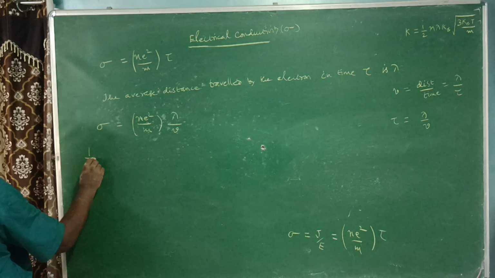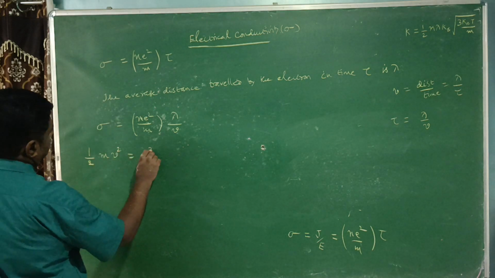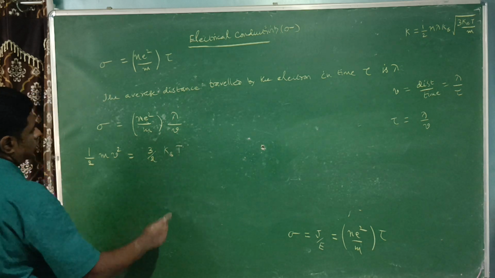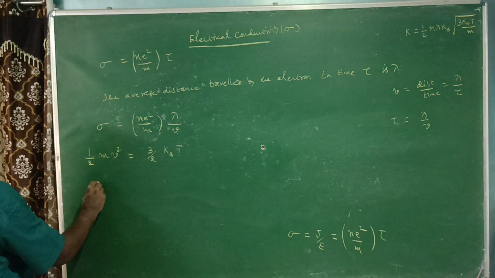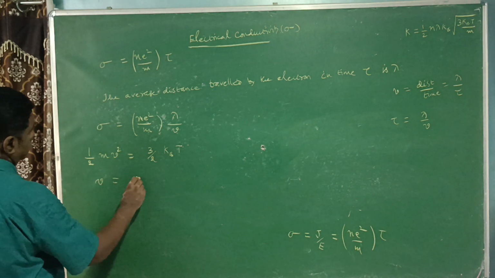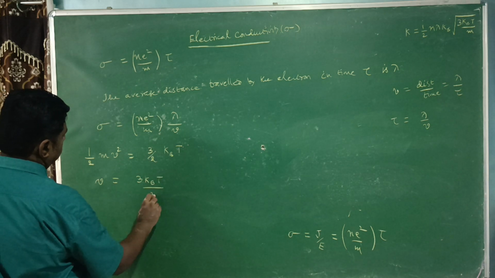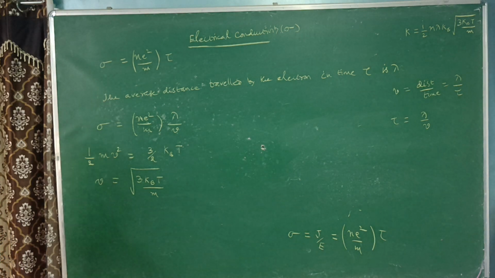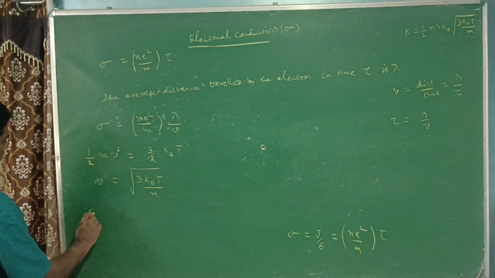From the kinetic theory, half m v square equal to 3 by 2 into k_B T. k_B is the Boltzmann constant. From this, v equal to root of 3 k_B into T by m. Now substitute this value in the above expression.